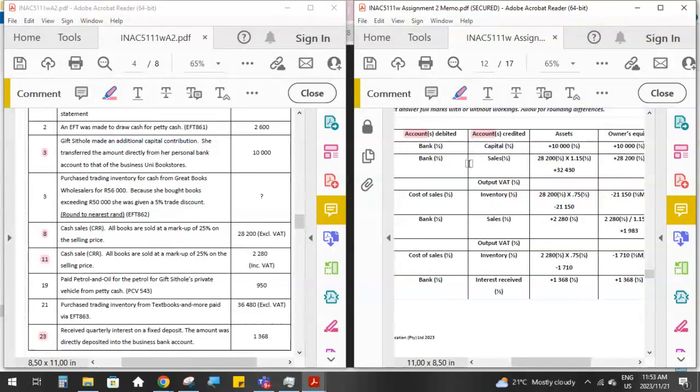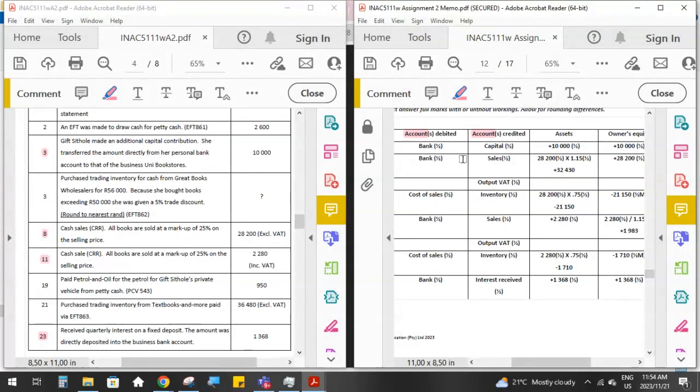Remember also that what we want here, it says the account debited. So we want only the name of the general ledger account. If you go to your textbooks, I used to always know this page off by heart. It used to be page 50, but it's now page 52. Chart of accounts. That is what the name of the general ledger account looks like.